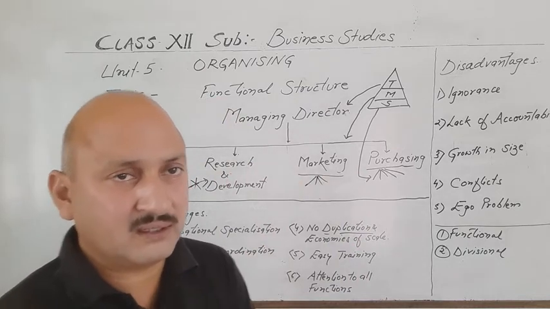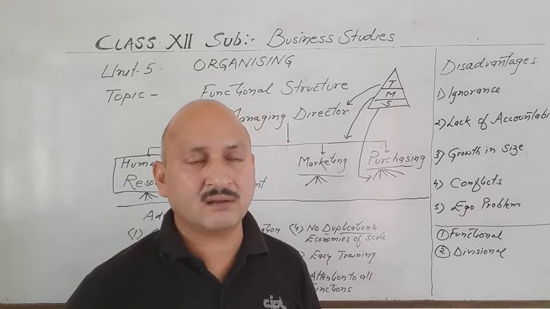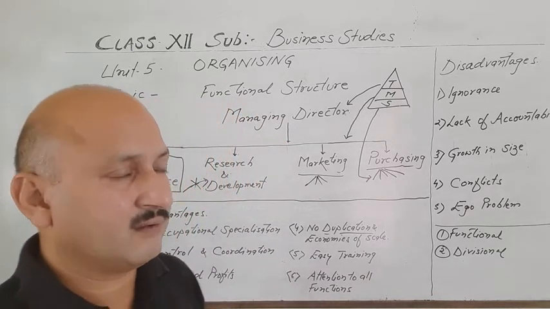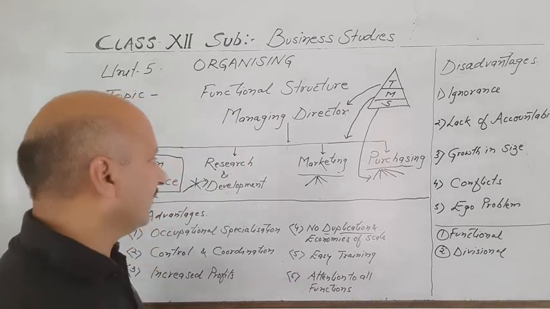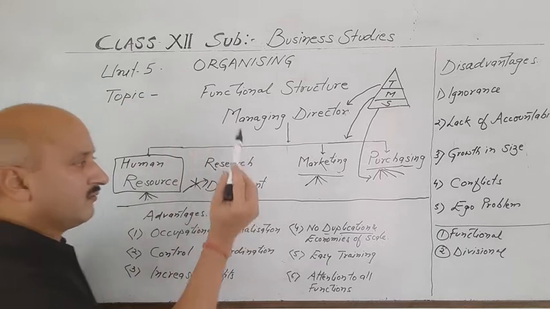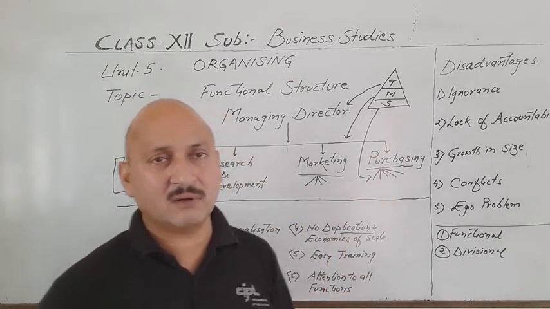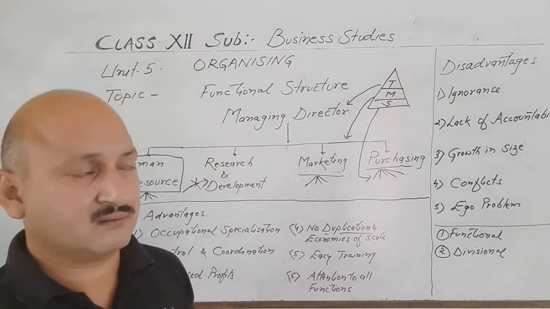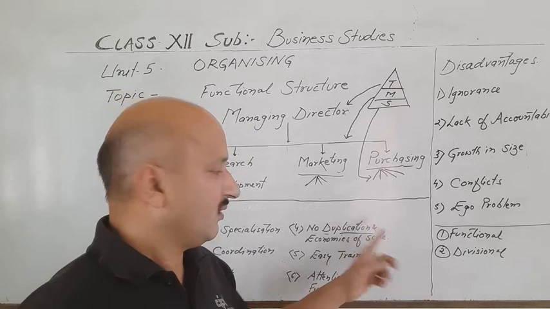So if a company is adopting a divisional structure, then suppose it has 5 products. Then at that time there will be 5 human resource departments, 5 research and development departments, 5 marketing departments and 5 purchasing departments. So there will be 20 departments. That's why it is called duplication.